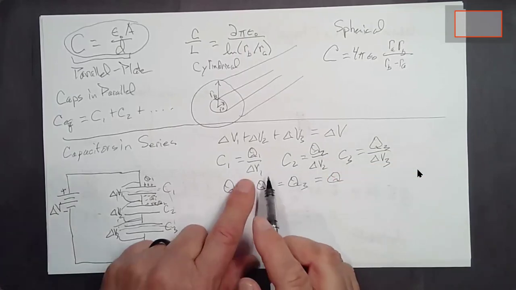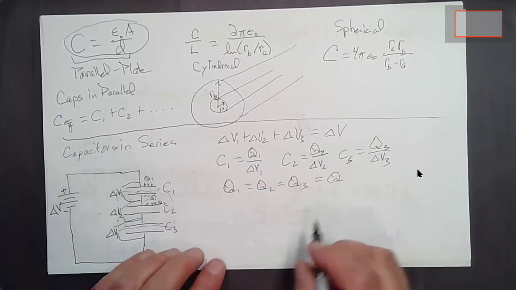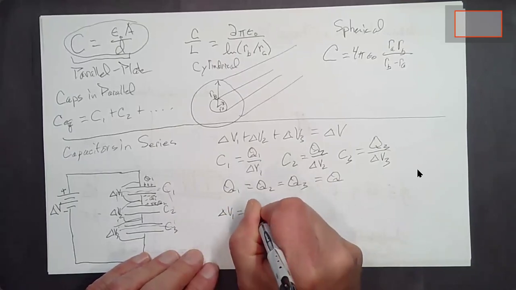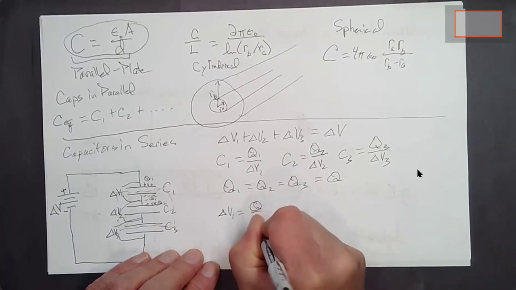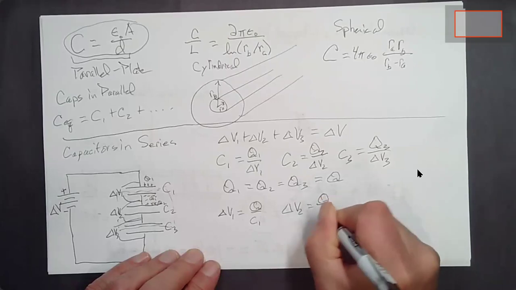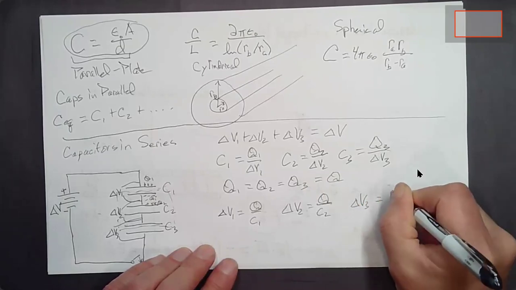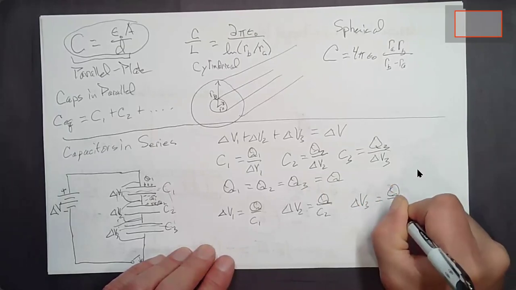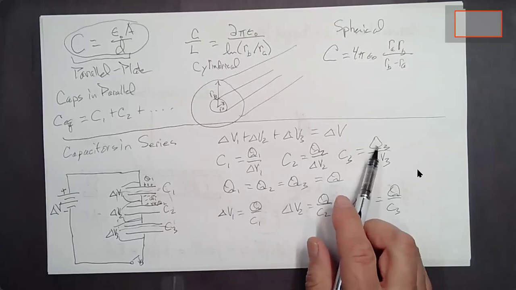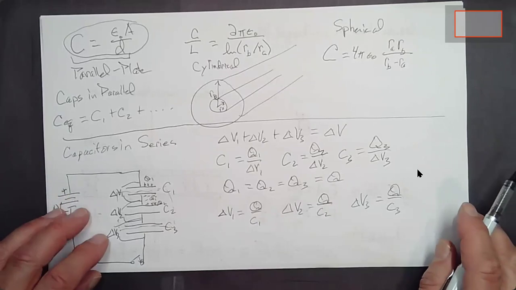Okay. Now, I'm going to solve each of these equations for delta V. And what I'll get is delta V1 is going to equal Q over C1. Delta V2 equals Q over C2, and delta V3 is equal to Q over C3. And in each case, I've replaced what had been Q1s and Q2s and Q3s with just plain Q, because it's the same on every one of them.